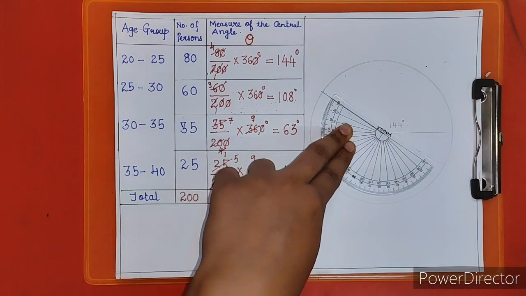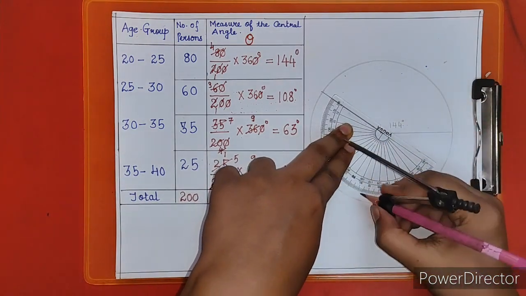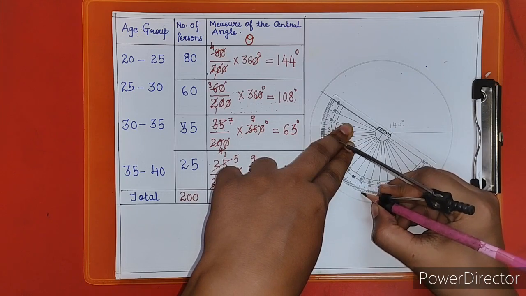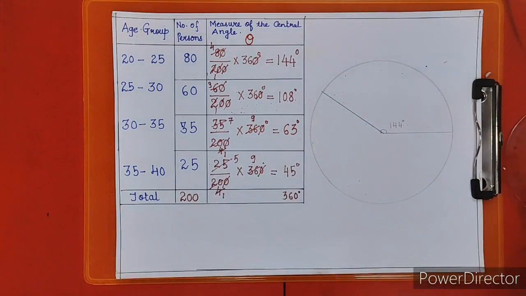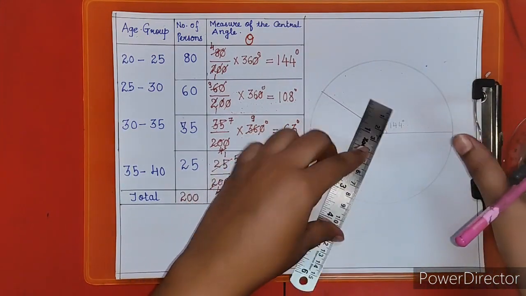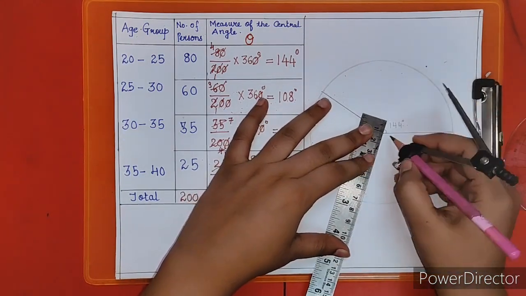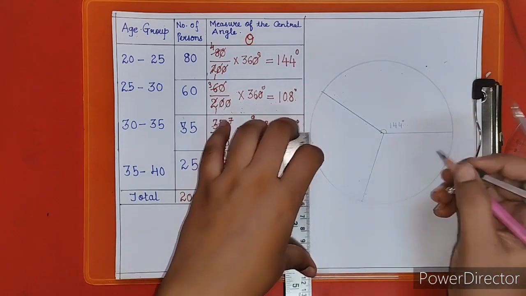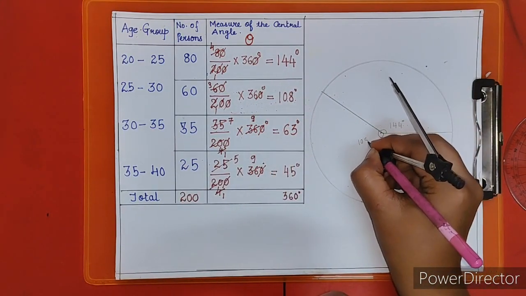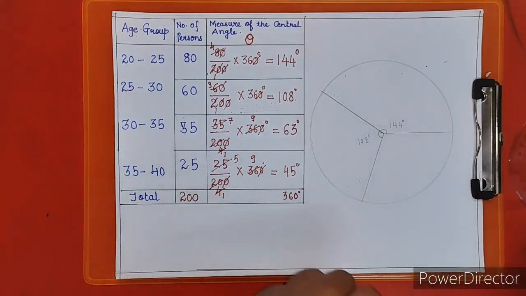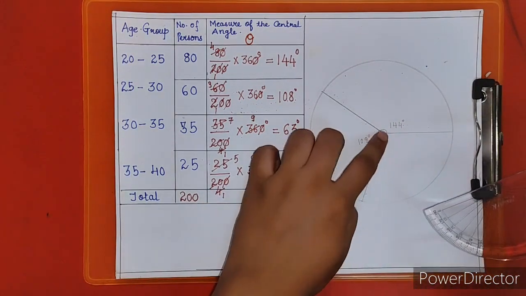We'll mark a point and make a straight line, and mark the angle 108 degree.